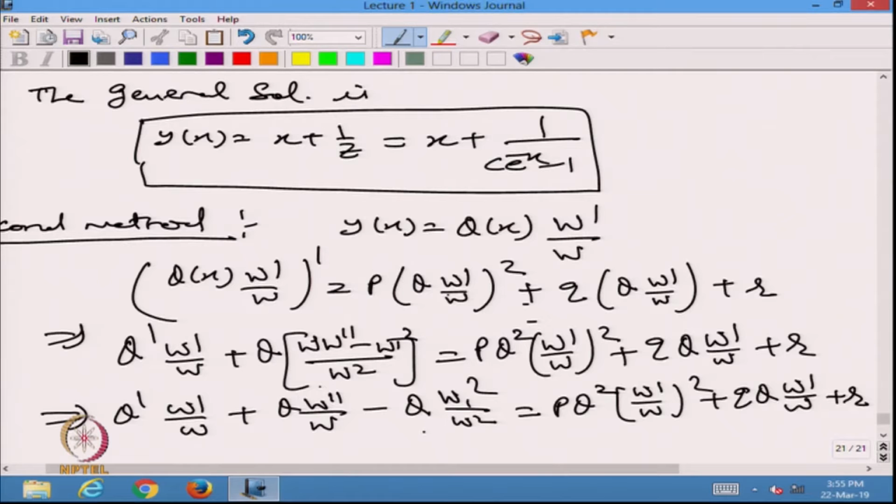Now you can see that this factor and this factor can be cancelled out if I choose p = −1/q, because if I put p = −1/q in this factor, then this and this will cancel out. So, I have a relation between p and q: if I choose p = −1/q, then this factor will be cancelled out.